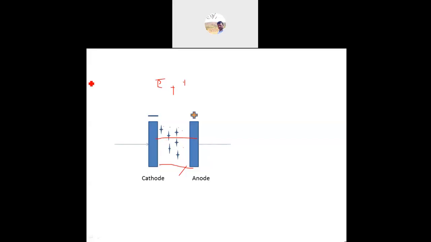That free electron causes the current flow in this gas. That process is known as ionization by collision.